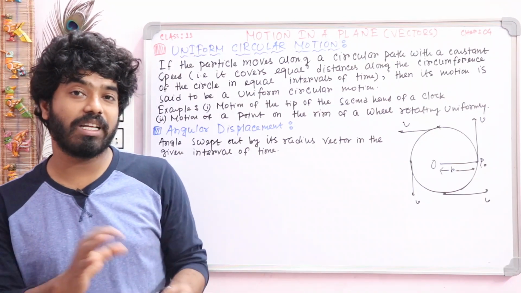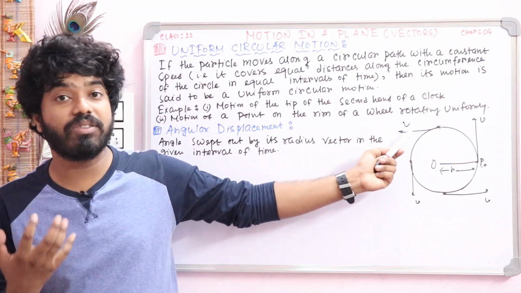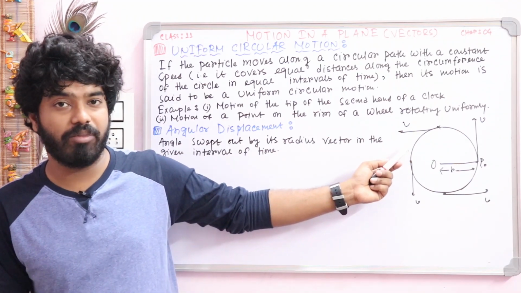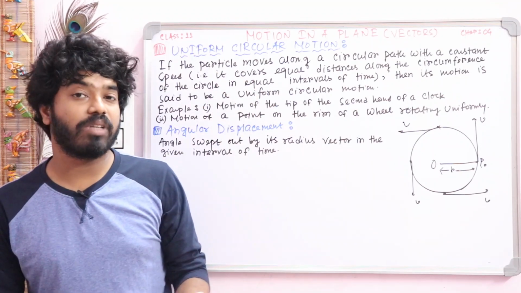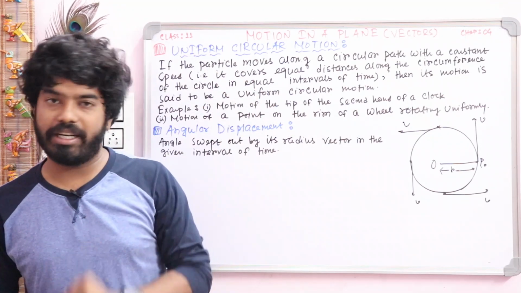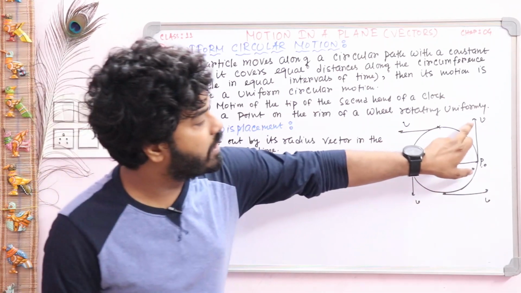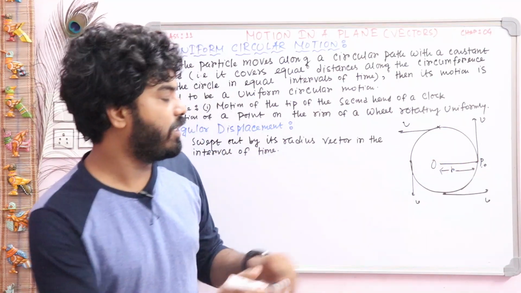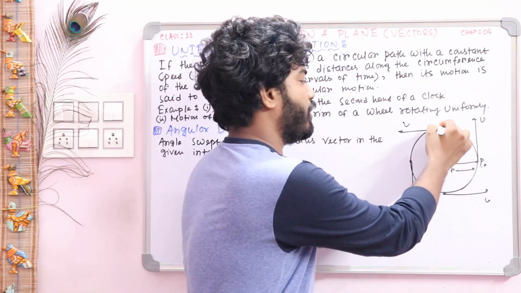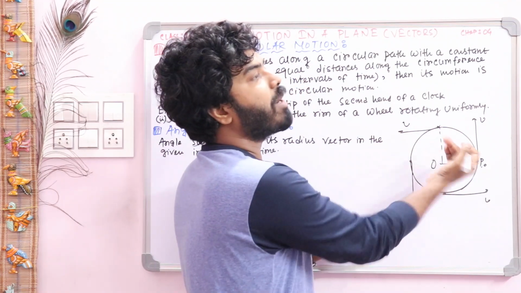Accelerated motion means the rate of change of velocity; here the direction of velocity changes with respect to time. Also, the velocity direction is always perpendicular to the radius vector. Here r is the radius vector, and v and r are always perpendicular.